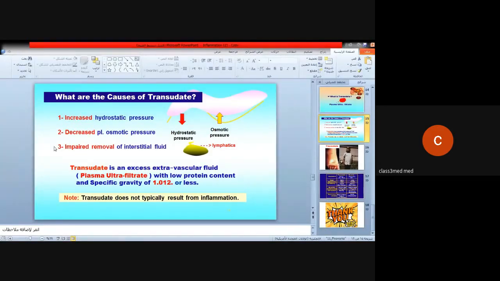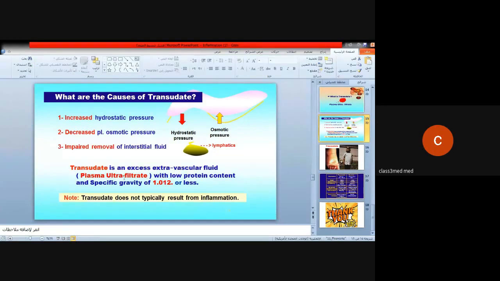So these are the causes of the formation of transudate. Any one of these can cause a transudate. So the transudate is defined as an excess extravascular fluid, meaning plasma ultrafiltrate with low protein content and specific gravity of 1.012 or less.